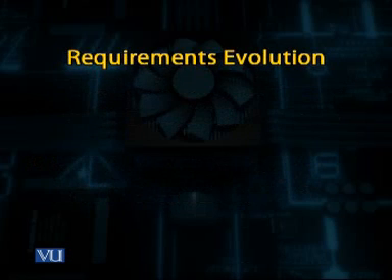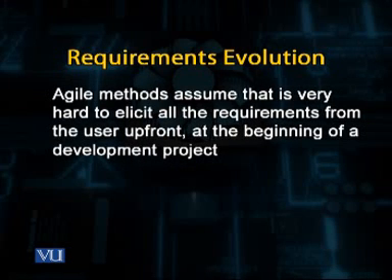The third concept that we talked about was requirements evolution. Agile methods assume that it is very hard to elicit all the requirements from the user upfront at the beginning of the development project. And this is not only Agile methods.